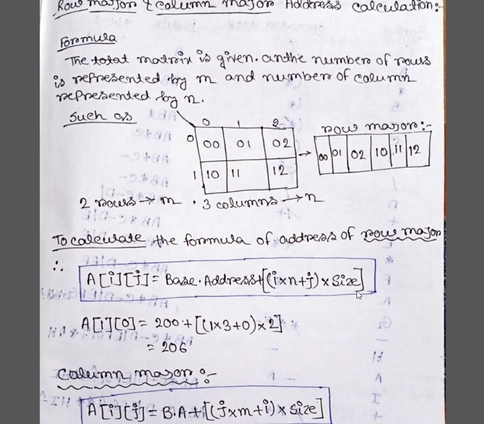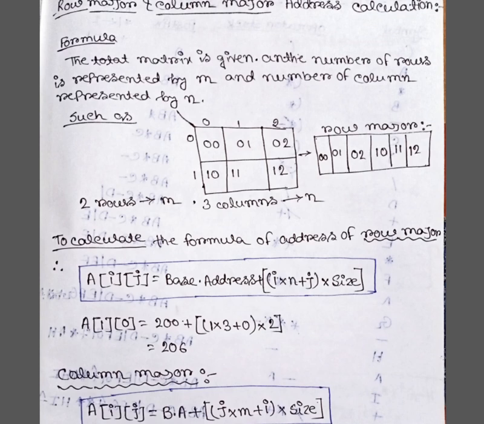And the size. Size means, for integer, it varies from 2 or 4 bytes depending on the data type and the platform. For int, it is 2 to 4 bytes, and for signed unsigned numbers, it also varies, 4 bytes.